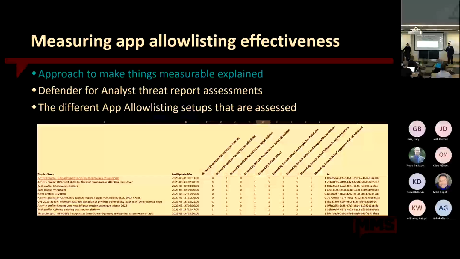Right? So if one of the campaigns has a 0 in it, that means that particular implementation of app allow listing would not stop this particular threat. Right? Vice versa, if a column contains a 1, then this particular type of implementation of app allow listing will stop that particular threat. Right? So we've been doing that for all of the threat campaigns since January 2022. Right?